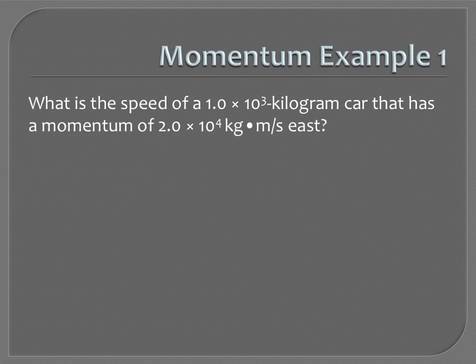Okay, so we're looking for the speed of a 1,000 kilogram car that has a momentum of 20,000 kilogram meters per second going east. We're looking for V. Our mass is 1,000 kilograms. Momentum is 20,000 kilogram meters per second.